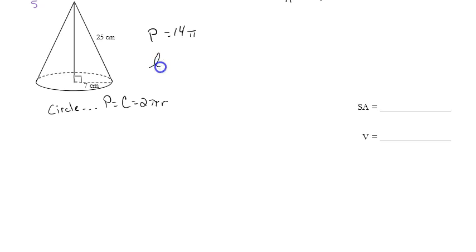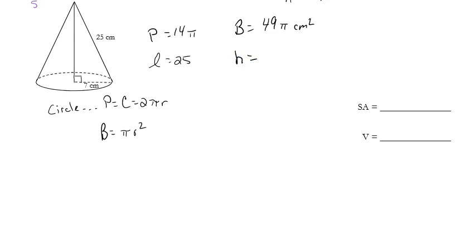Slant height is already given to me. It's 25 centimeters. Area of my base. Well, the area of the base is going to be the area of your circle, which is pi r squared. So the area of my base is 49 pi centimeters squared.